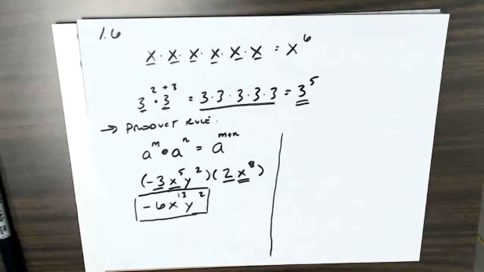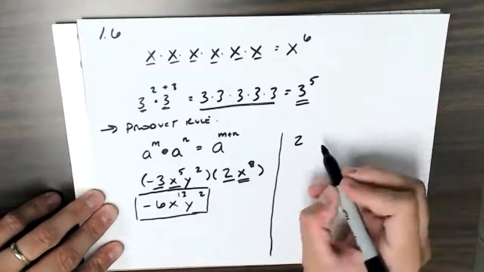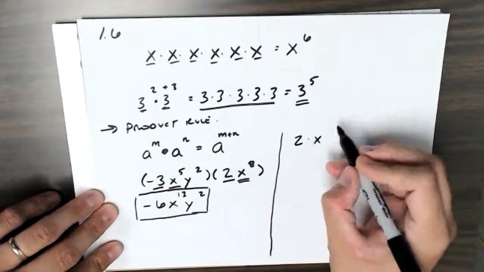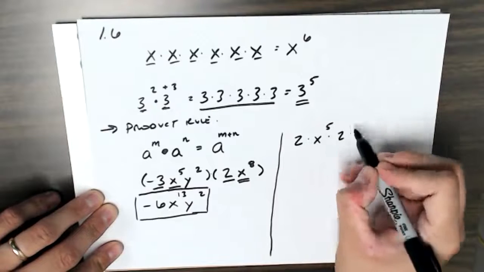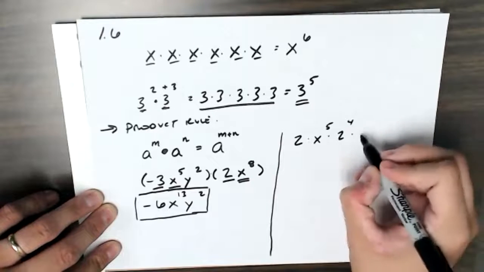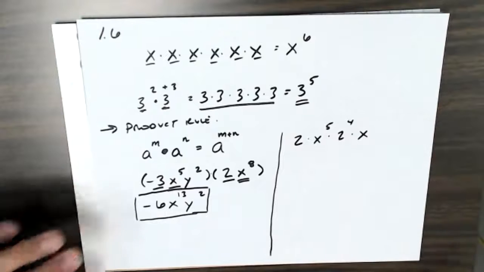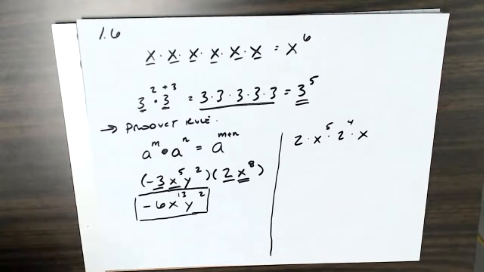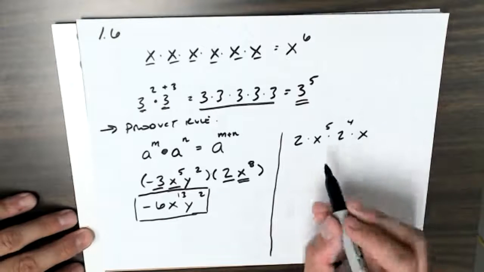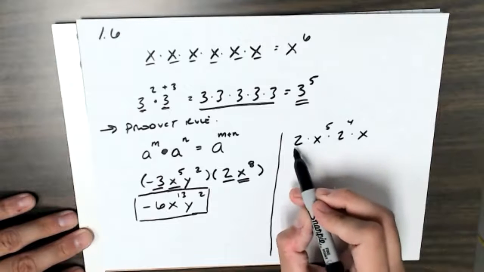For instance, if we had 2 times x to the 5th times 2 to the 4th times x. Now look, we've got repeating bases here. We've got a 2 and a 2.